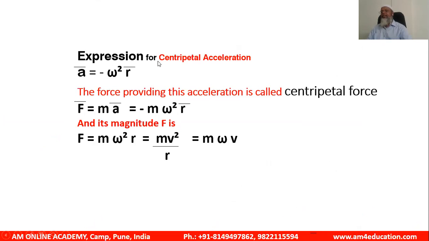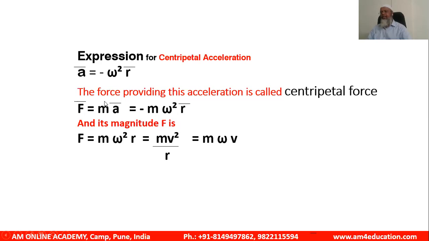Now let us see the expression for centripetal acceleration. You have already studied in 11th standard what centripetal acceleration is. Centripetal acceleration is the acceleration in circular motion which is directed towards the center from the object. The expression is A bar equals minus omega square R bar. This minus sign denotes that it is directed towards the center.